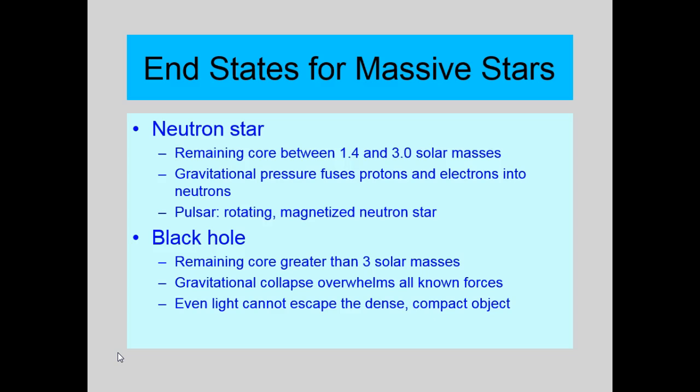But the remaining core, believe it or not, just that little bit of core that's left, is now about 1.4 to 3 times our solar mass, our entire solar mass. Okay? Here, the gravitational pressure is fusing, and guess what?